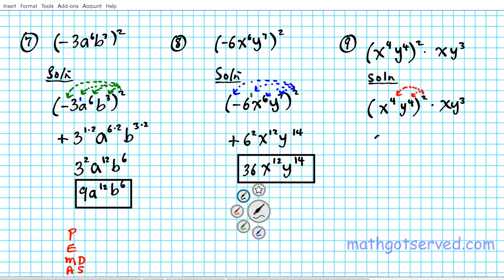So it now becomes x to the 4 times 2, y to the 4 times 2, times xy to the third power. If we simplify, we'll have x to the 8th, y to the 8th times xy to the third. Now let's put the power for x here, 1.